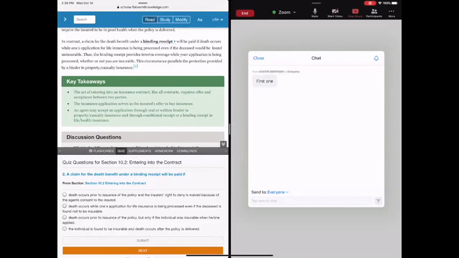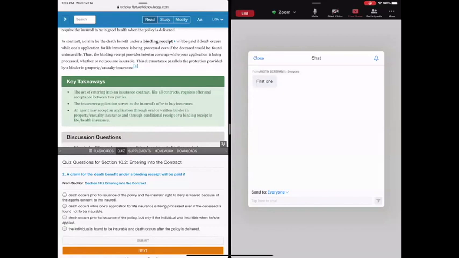So Austin, you think it's the first one. Death occurs prior to issuance of the policy and the insurer's right to deny is waived because of the agent's consent to the insured. That's partially true, but the reason why the death claim would be paid isn't because anything was waived. There wasn't a waiver here. The agent had binding authority.